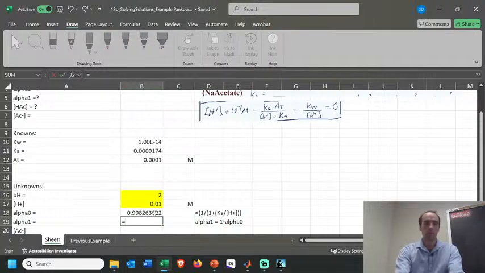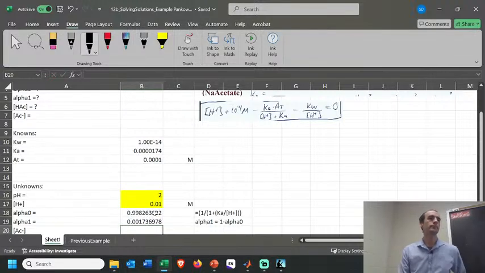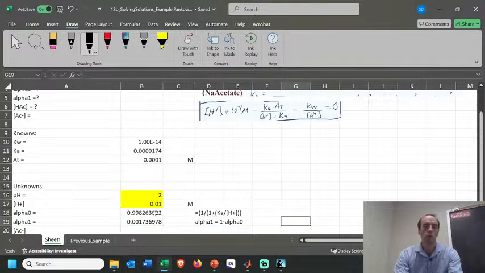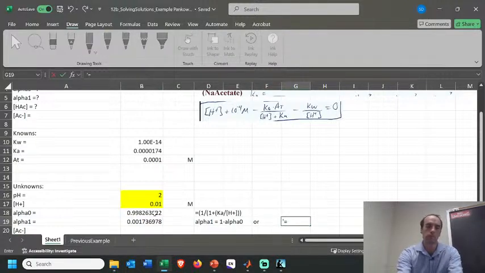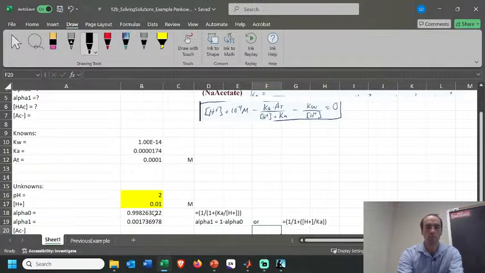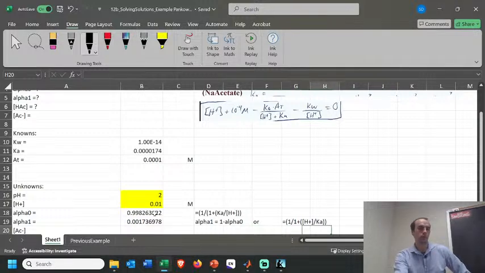We can say this guy is then equal to 1 minus this other fraction. Of course, we could also write the whole thing up. So either way we do that, that should be the same.